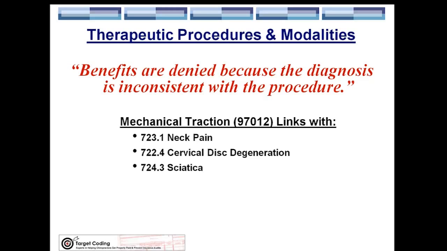We have the clinical rationale and the documentation suggestions for every physical therapy CPT code, and we also have the associated diagnosis codes, as you'll see here on the screen for traction. The associated or linked diagnosis codes are neck pain, disc degeneration, and sciatica. Just a few, there's a whole bunch more.